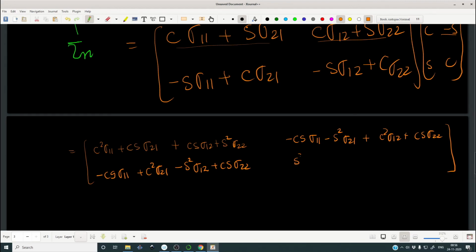So it will be S square sigma 1 1 minus CS sigma 2 1 plus S square sigma 1 2 plus C square sigma 2 2.